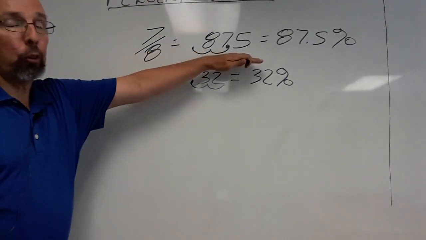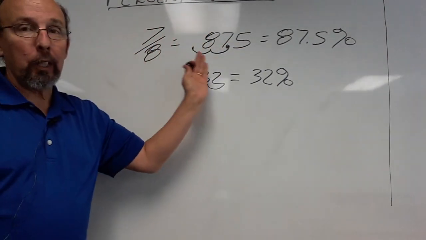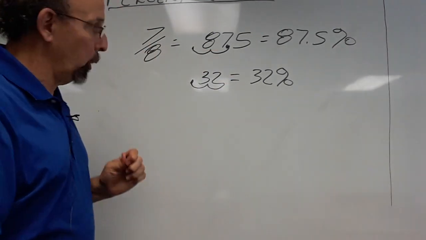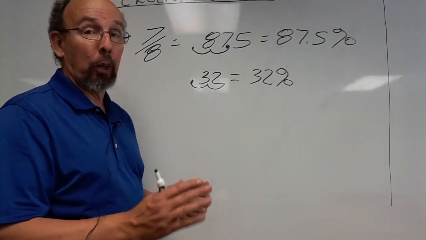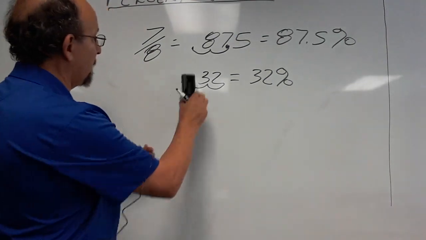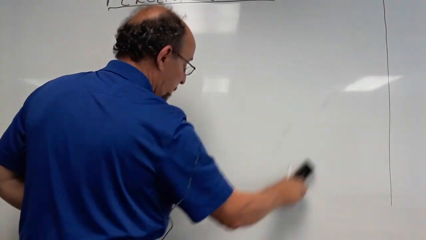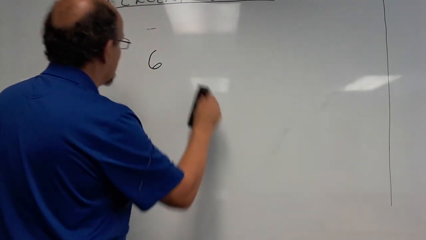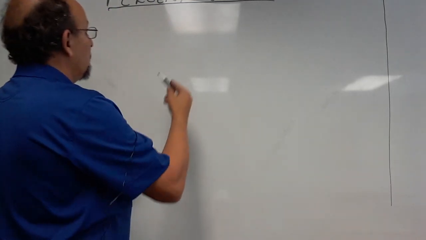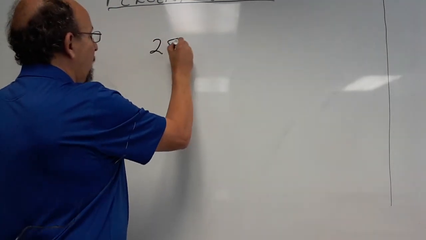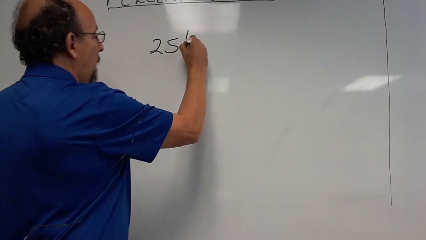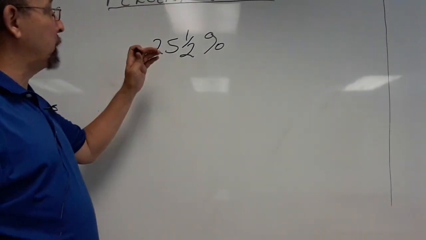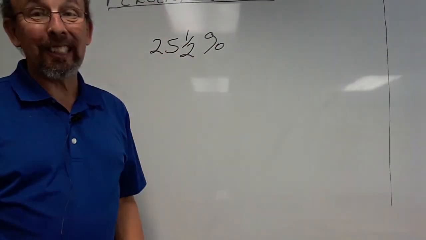So this is why it's also critical that the students memorize this chart on page 79, because here's what they're going to wind up doing, and that they have been doing, some better than others. All right, let's take a look here. Say we have 25.5%, and I'm going to change this to a decimal.